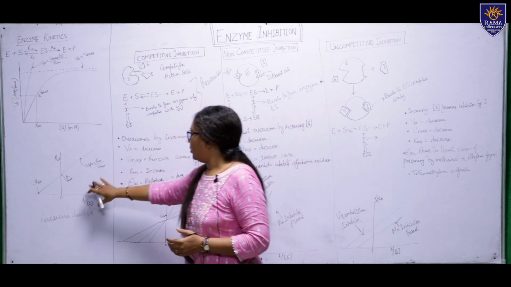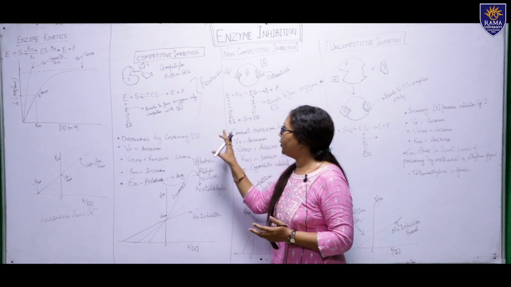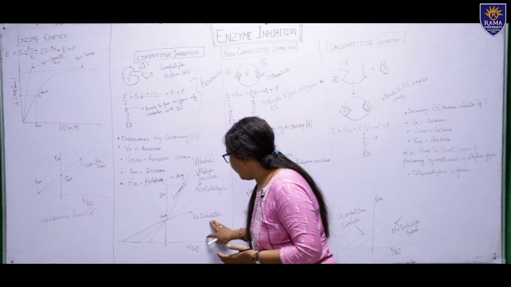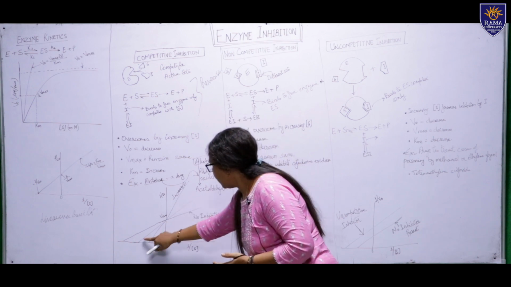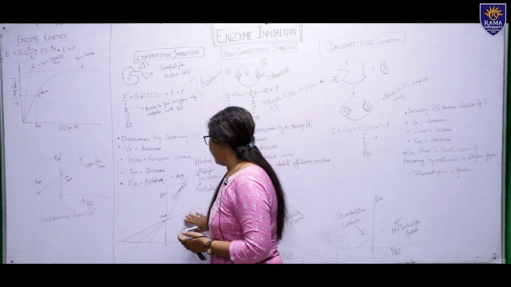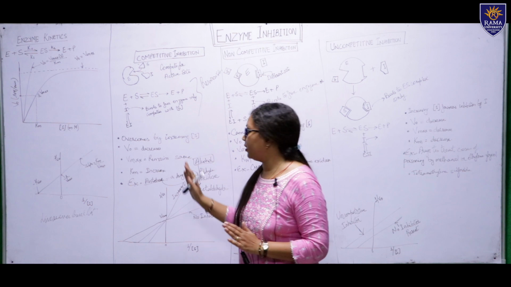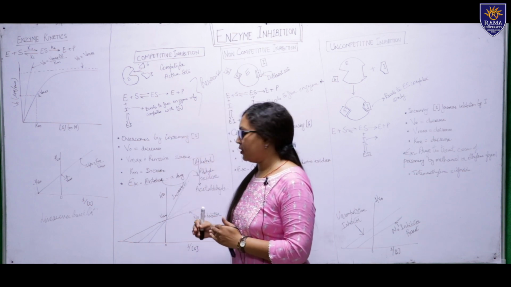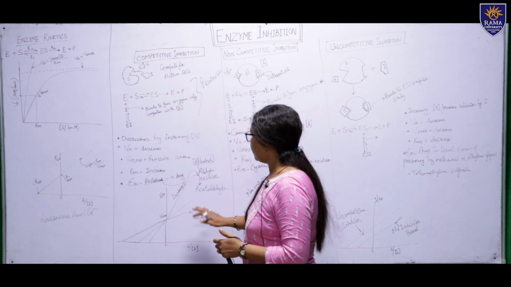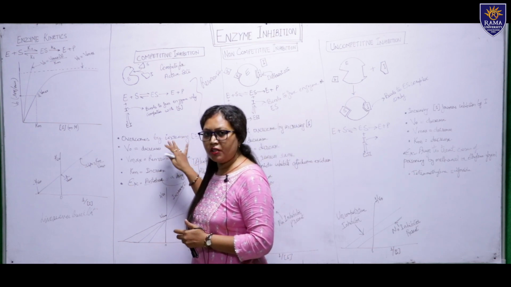So, if we look into the Lineweaver-Burk plot, what happens in the case of competitive inhibition is, this is the no inhibitor presence, the normal enzymatic reaction. On increasing the inhibitor, the competitive inhibition increases, while on increasing the substrate concentration, the competitive inhibition can be overcome. So, here the V naught, which is the initial reaction velocity, decreases.